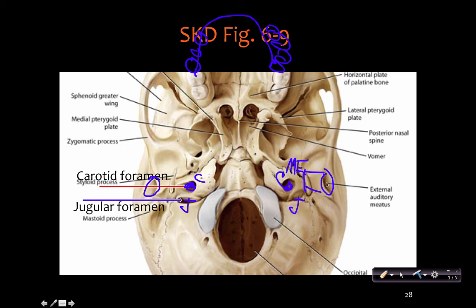Remember, the external auditory canal is the outer ear, and this is the middle ear. So essentially the carotid and the jugular blood vessels are right around the middle ears on the right and the left side.